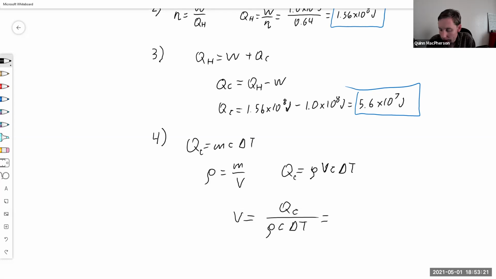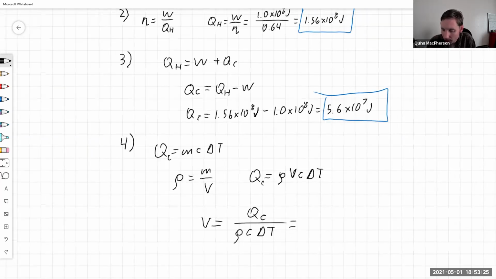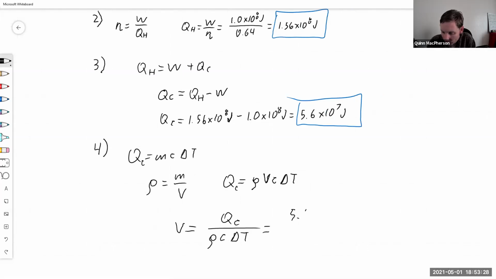We can put that together with numbers. Q cold is 5.6 times 10 to the 7th joules, over the density of water, which is easy: 1.0 grams per cubic centimeter. The specific heat of water is 4.184 joules per gram degrees C or Kelvin.